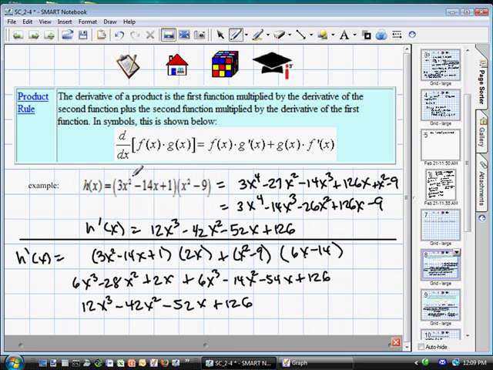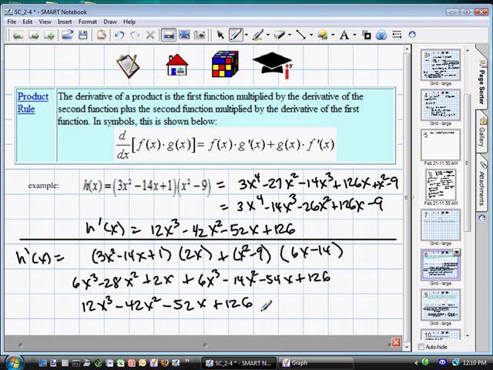What's the derivative of this guy? 6x minus 14. Okay, so we work it out, and sure enough, look it, you get the same answer. Now you're probably thinking, why would I do that when I can just multiply them and take the derivative? And the answer is sometimes you just can't do the multiplication very easily, and the rule becomes important.